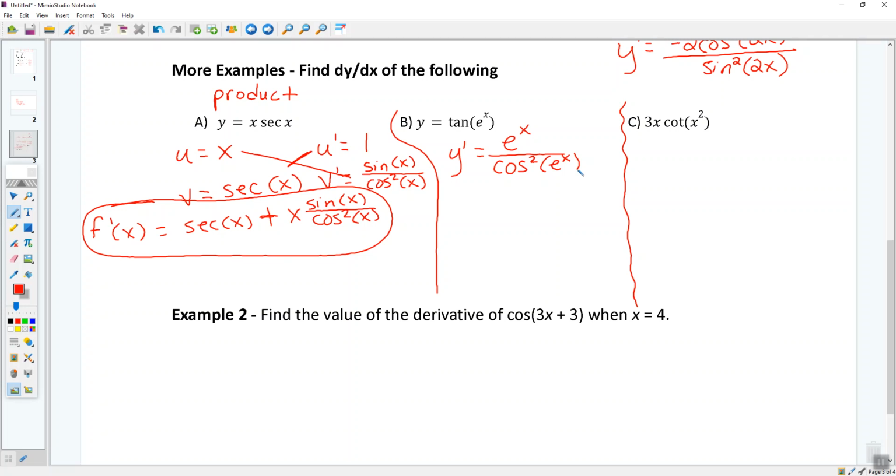What do you guys want to let u equal here? 3x. So real quickly, u prime would be what here? So that means v has to be the cotangent of x squared. Put v prime down here. I don't know the rule, you're gonna have to help me. 2x over minus sine squared x.